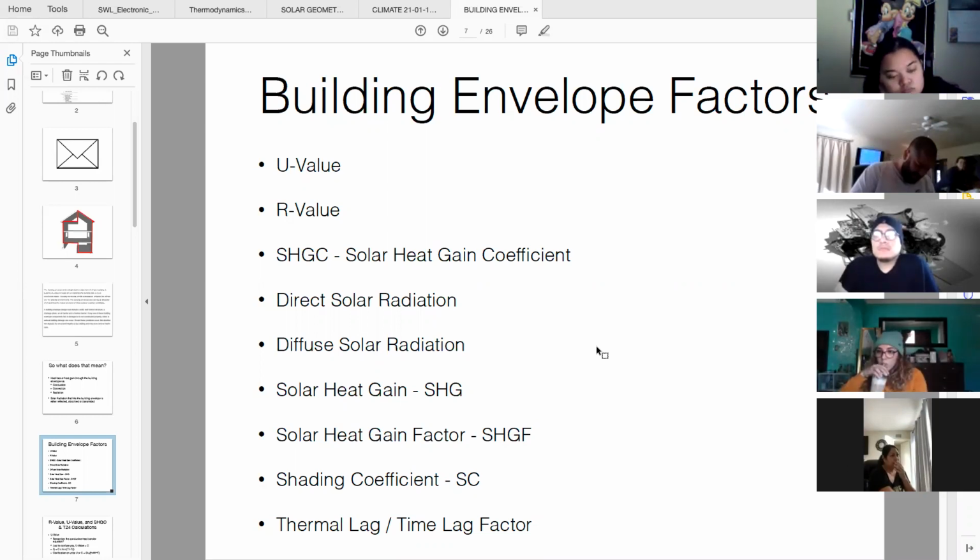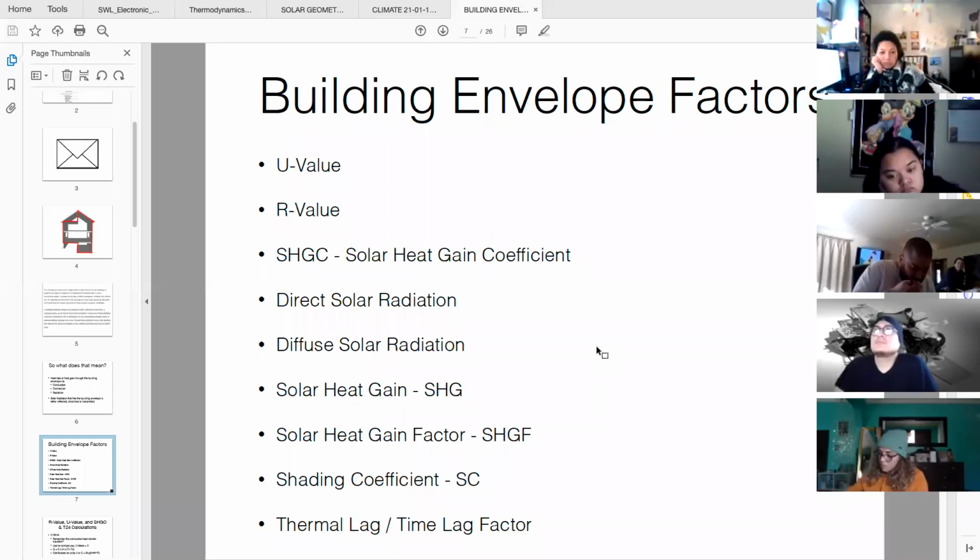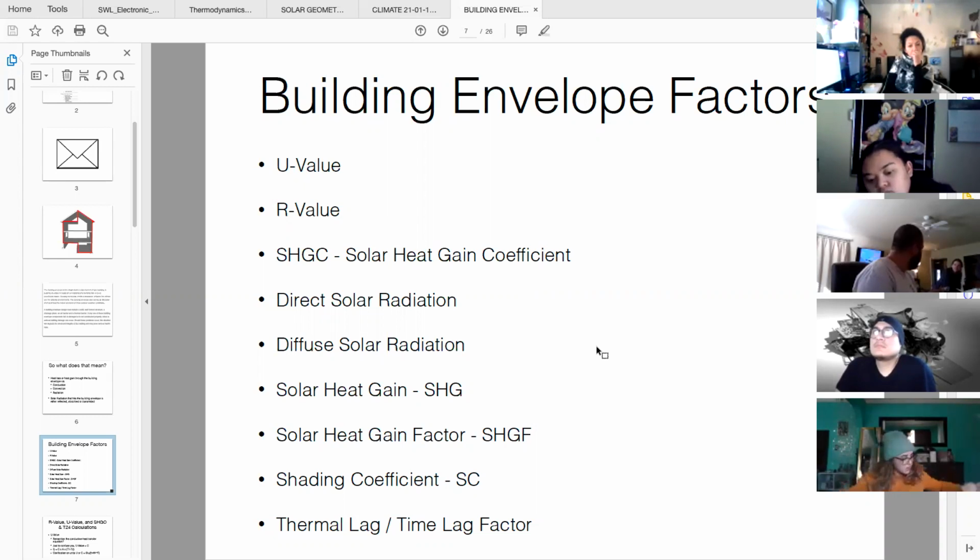So there are 2 different types of radiation, direct and diffuse. There's the solar heat gain, which is not to be confused with the solar heat gain factor. Then there's also a shading coefficient and the thermal lag, or time lag factor. Right now there are 3 terms here that are all fairly similar, and we're going to go over these.